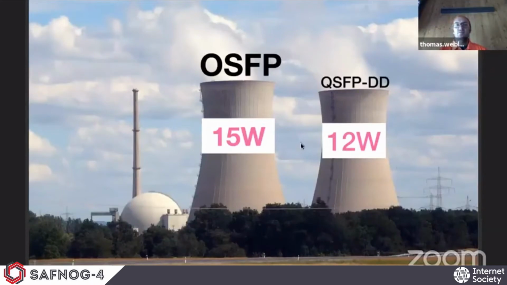Now, taking into consideration that the switch does not only consist of transceivers, but also has memory, power supplies, the CPU and the ASICs, which also consume power, we might end up with a 1U switch doing 400 gigabit with 32 ports running at 1 kilowatt of power and also generating 1 kilowatt of heat. And that's quite a massive amount.